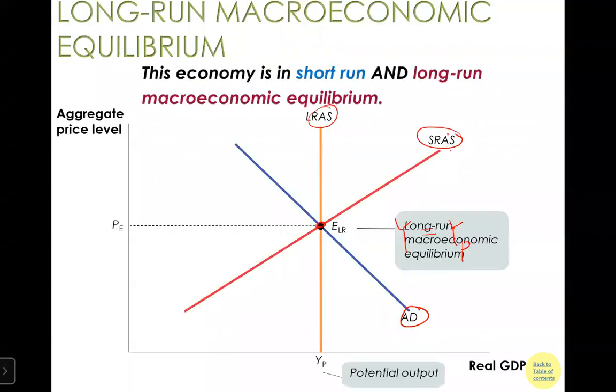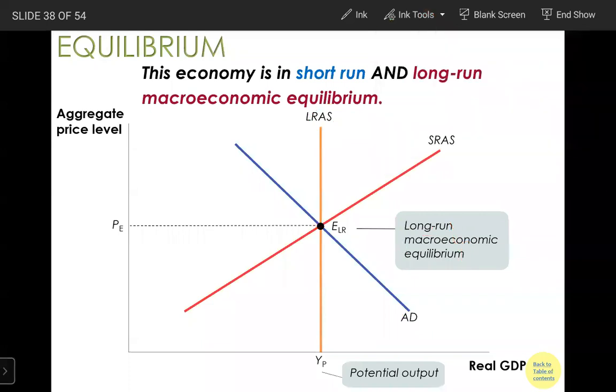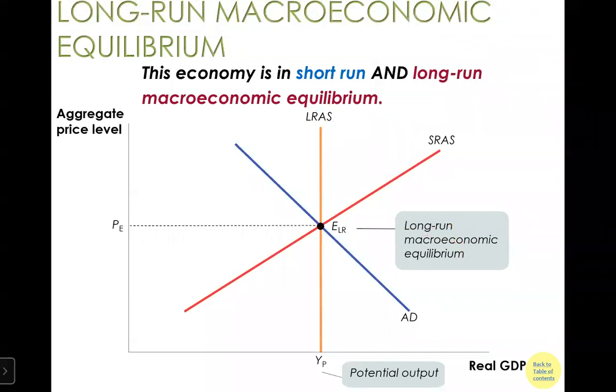In reality, we may have two other possibilities. Either the long run is on the left-hand side, if this is your YP. What that means is these two lines cross each other, so we are producing more than we potentially can produce. That is one possibility.